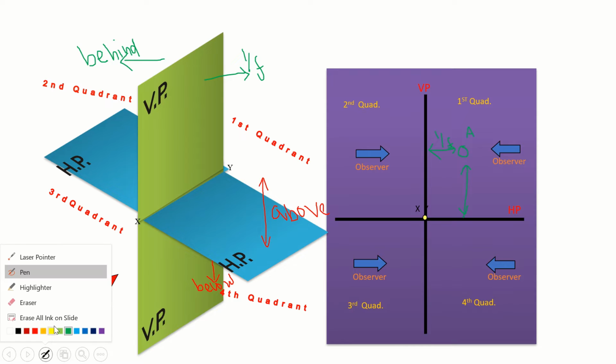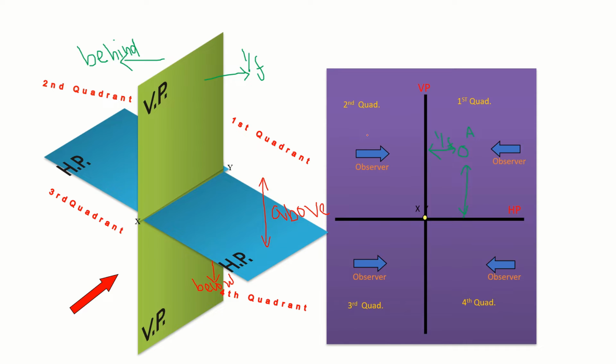Another point B is located in the second quadrant. The point B is above HP and behind VP. This is how we denote a point in the second quadrant.